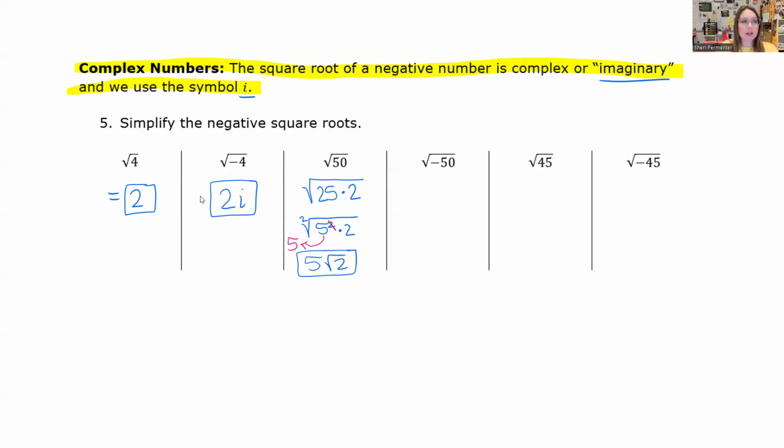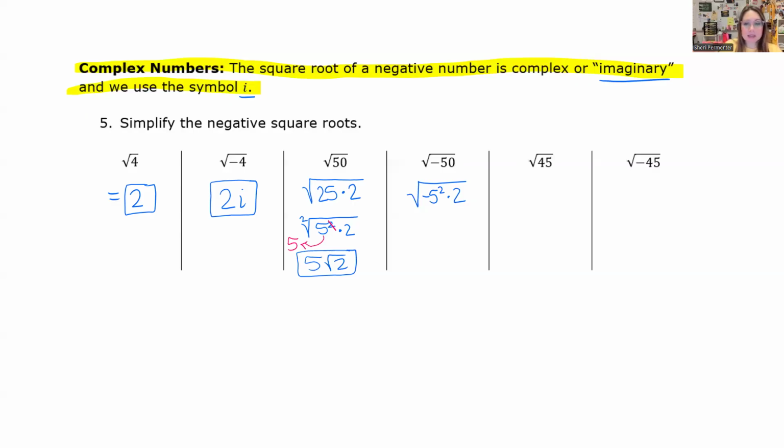You have to find perfect squares that can divide into 50. So here, when I have negative 50, it's going to reduce exactly the same. I'm going to skip a step and say this is the same thing as negative 5 squared times 2, because 5 times 5 is 25.